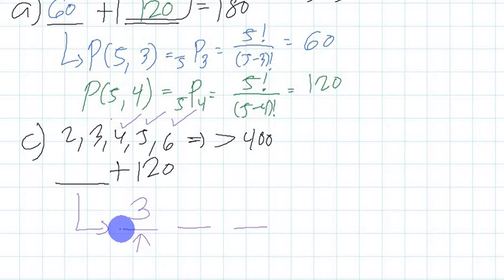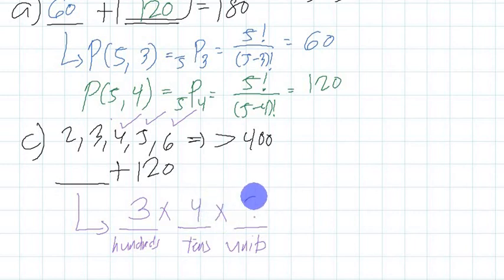Then I can choose any other for the tens and the units digit. This is your hundreds, this is your tens, and units digit. So with that, I already have 1, so I have 4 other choices here, then 3 other choices here by the fundamental principle of counting. Therefore, this is actually 36.